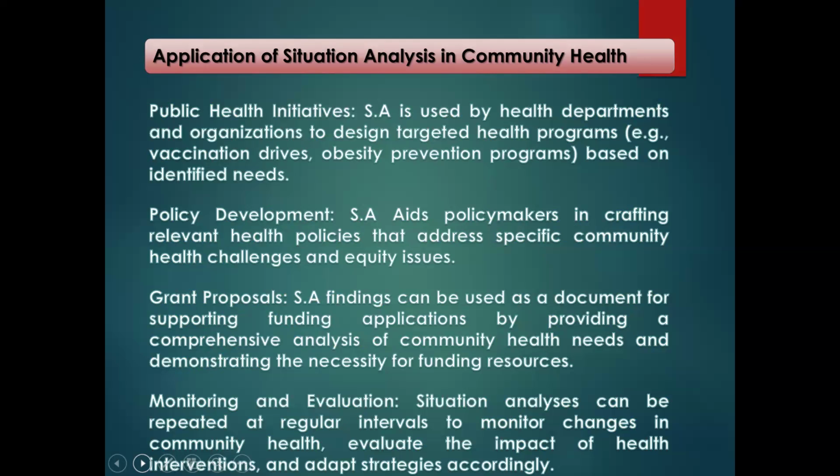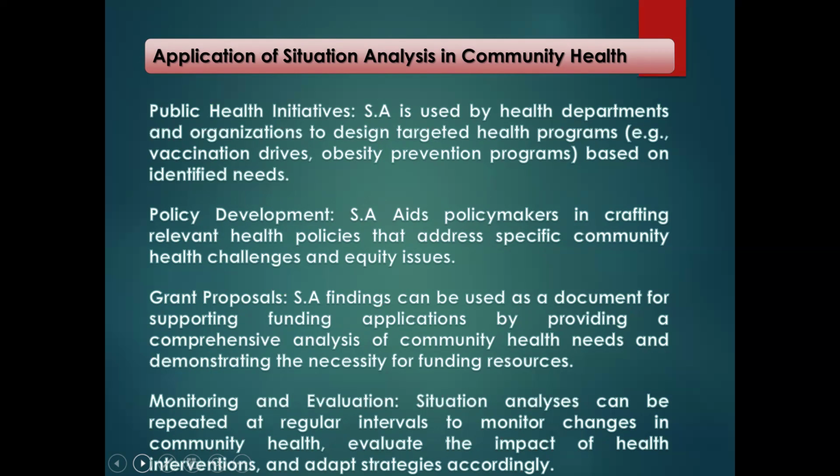So how can we apply situation analysis to community health? One, in public health initiatives, situation analysis is used by health departments and organizations to design targeted health programs. When we say targeted program, we're looking at a program addressing a particular problem. It can also be adopted for policy development.